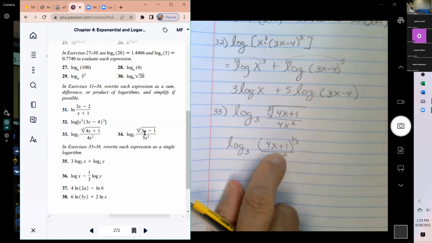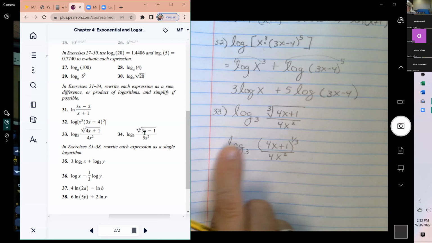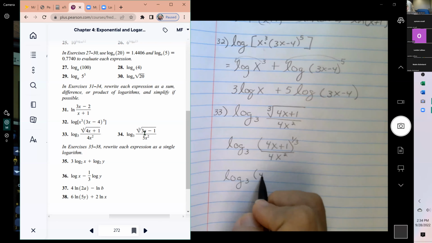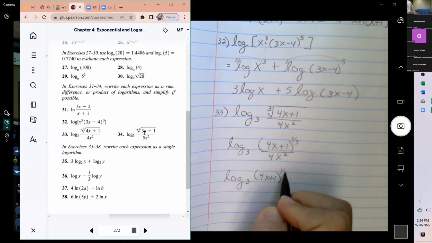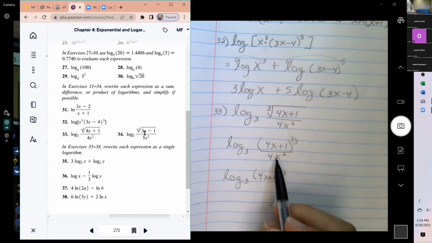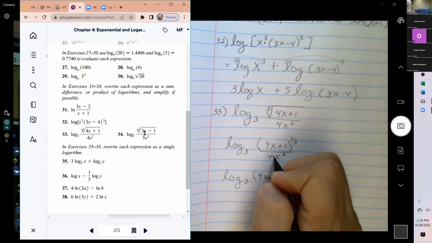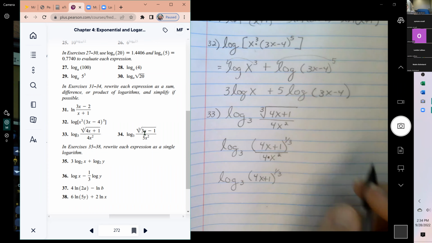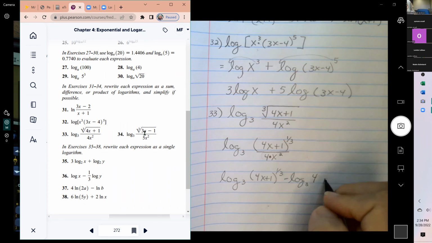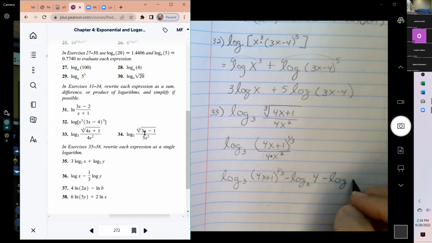The top one is added or positive. Log base 3 of 4x plus 1 to the 1/3. Now, if you want to write them apart and put the exponents down in front, that's up to you. This one, actually, because it's not in parentheses, only the x is squared and this is multiplied. So we could break it up right now. Log base 3 of 4 minus log base 3 of x squared.